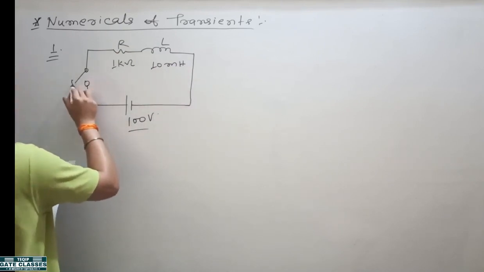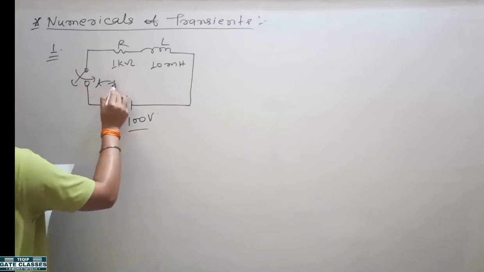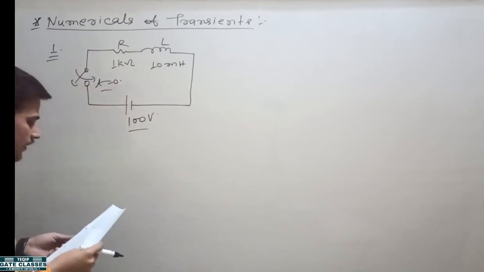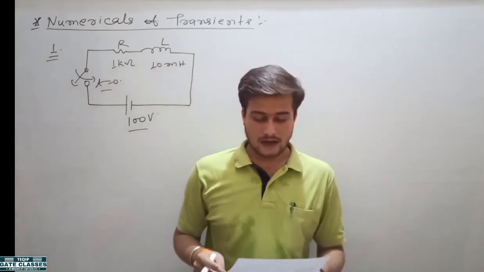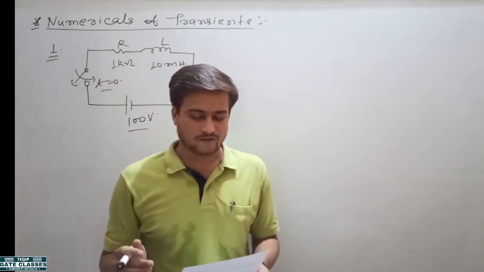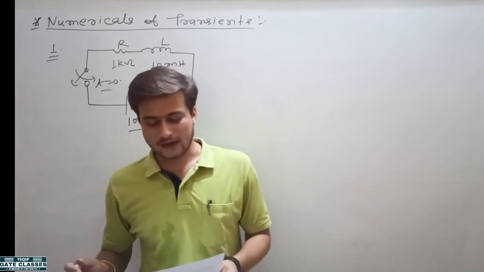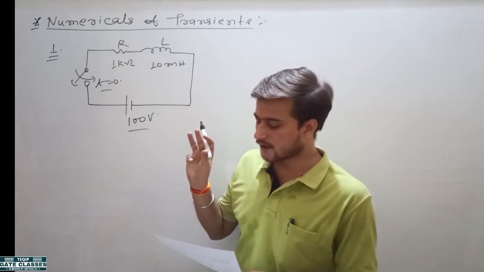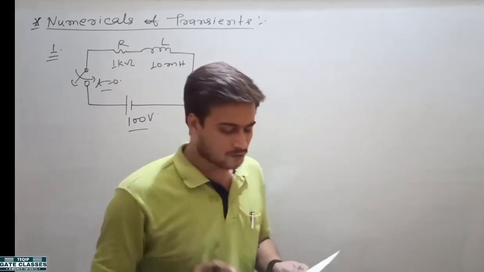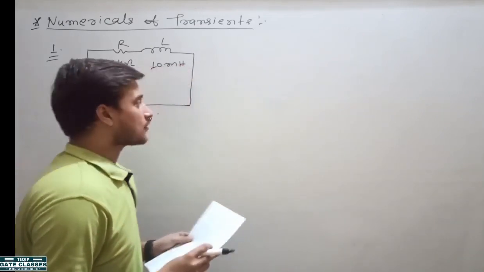The switch is closed at t equal to 0. We have to write the expression for current i(t), then find the value of current i(t) at t equal to 20 microsecond. Further, write the expression for voltage across the resistance, then the expression for voltage across the inductor.